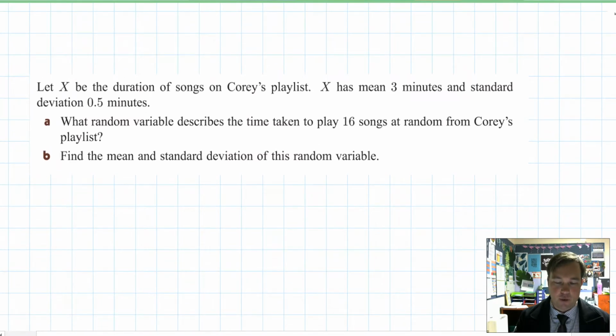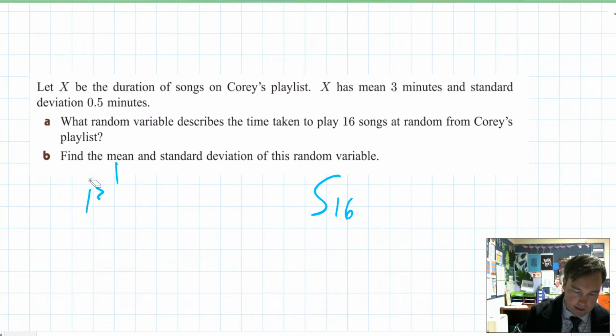Alright, and a typical question might look like this. Let x be the duration of songs on Corey's playlist, x has a mean of 3 minutes, standard deviation of 0.5. What random variable describes the time to play 16 songs? Well, it's S16, which is basically the sum of 16 songs. And the mean is going to be 16 times 3.